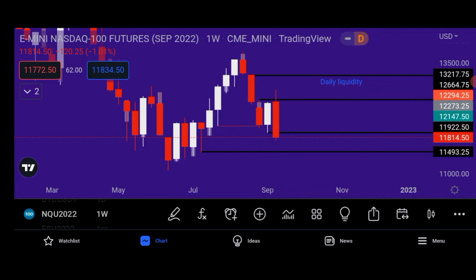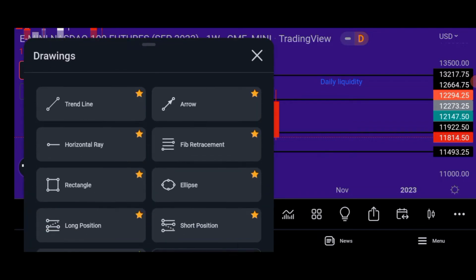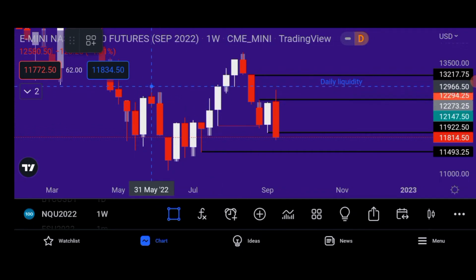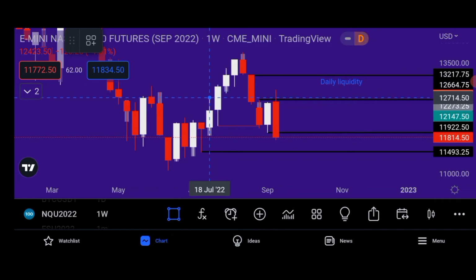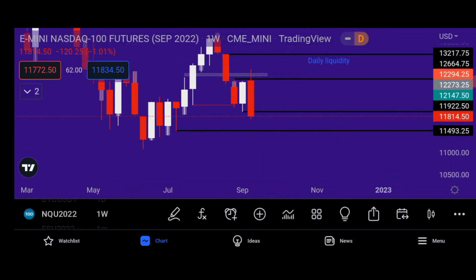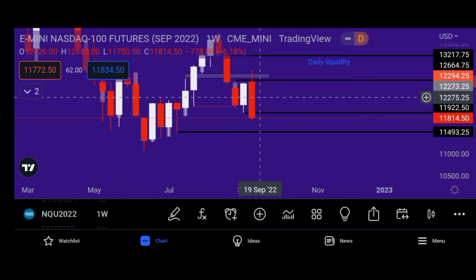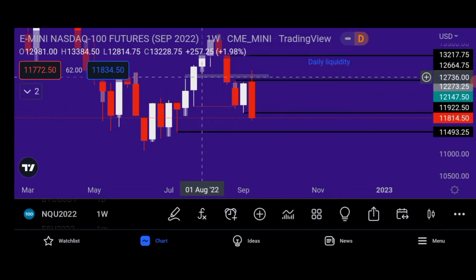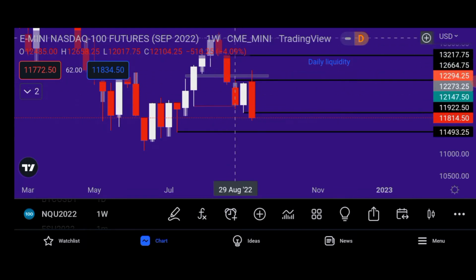On the weekly time frame, I noticed there was a fair value gap that the market is meant to react from, because this short-term high here was broken, so I saw a fair value gap here, and I expected a reaction from this. I was looking out for this week's candle. I anticipated it to be a buy, but initially I saw this as a rejection, which would have been reacting to the fair value gap. So I expected the market to move higher.